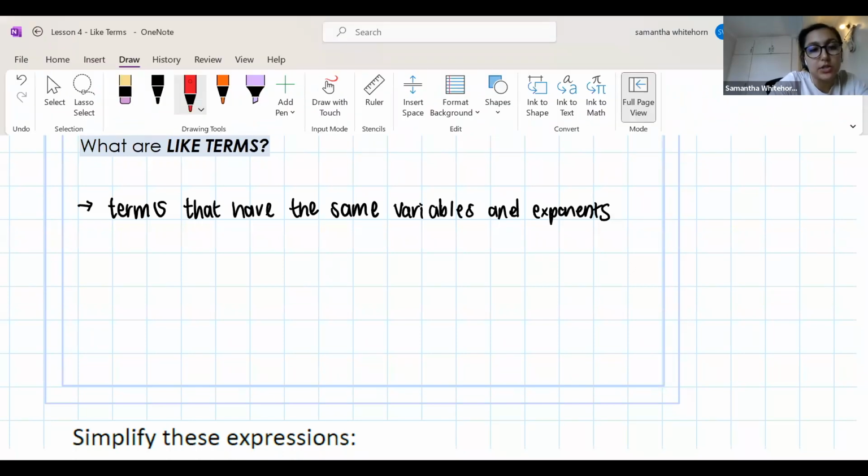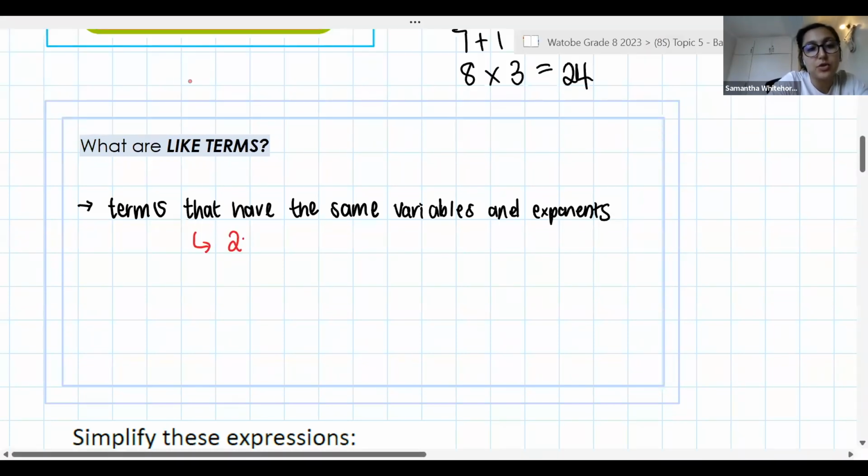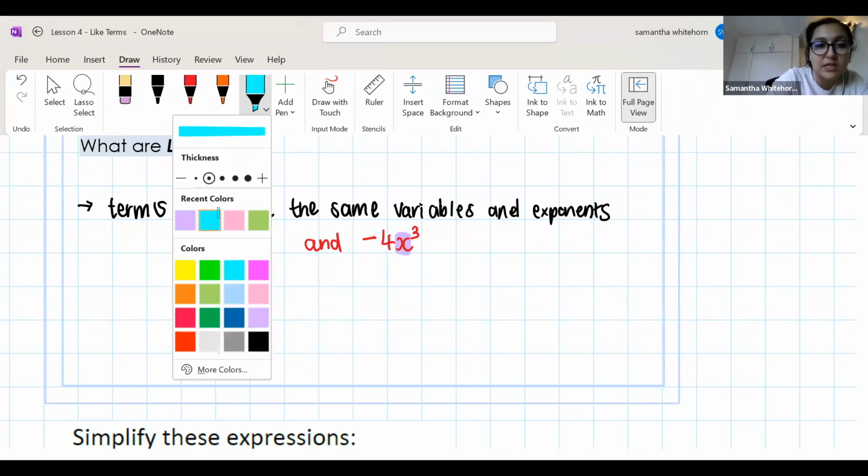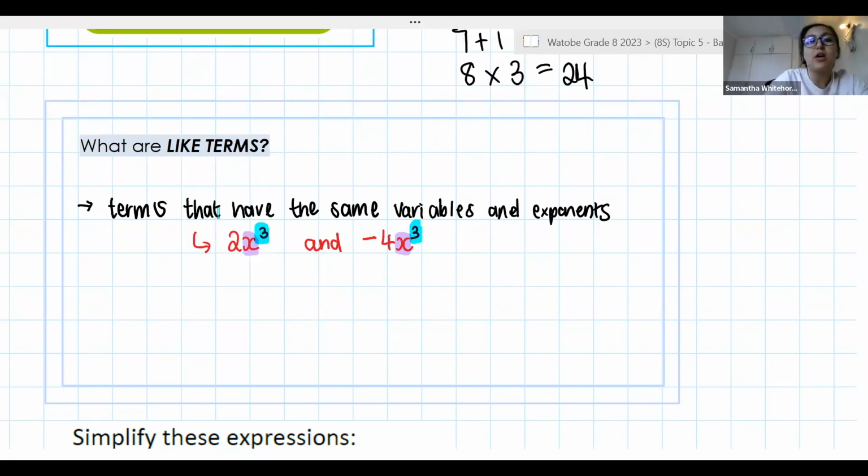As an example, if I gave you the term 2x cubed and, let's say, minus 4x cubed, because they both have an x, and because they have the same exponent, which means that both of the x's have an exponent of 3, they are like terms.